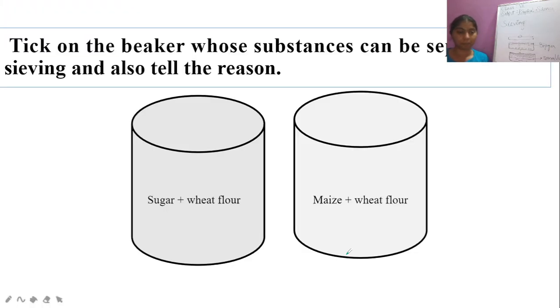Okay, so students, there is one question for you. Tick the beaker whose substances can be separated by sieving, and also tell the reason. So students, there are 2 beakers in front of your screen. What do you think, which beaker's substances can be separated by the sieve?